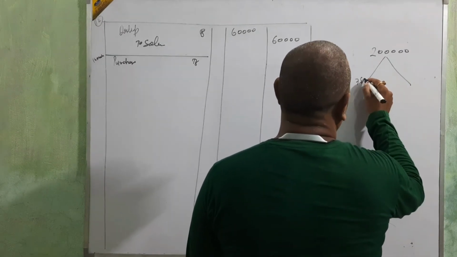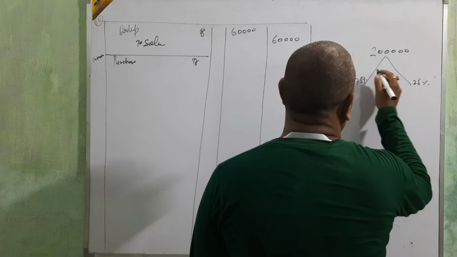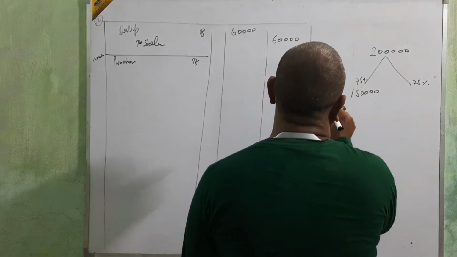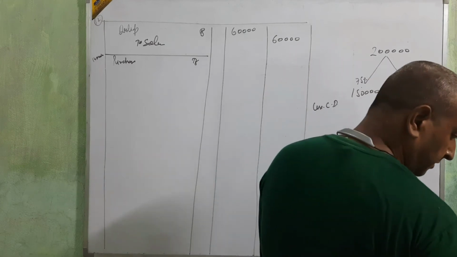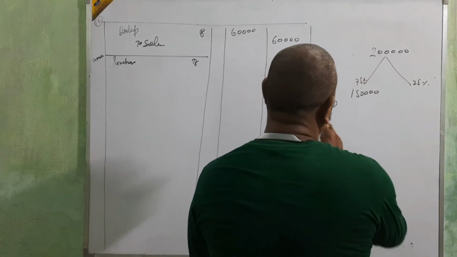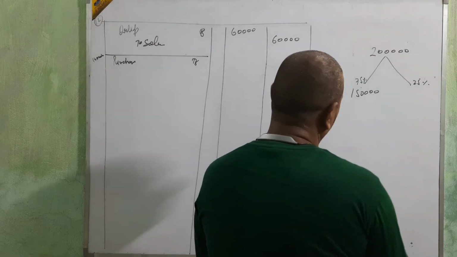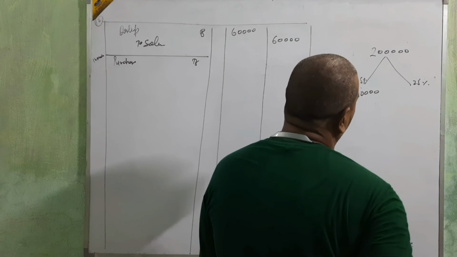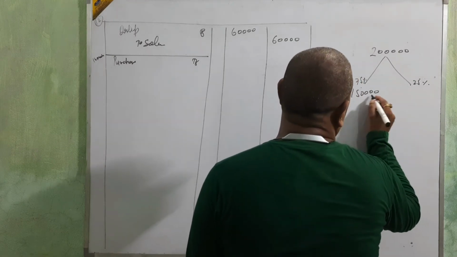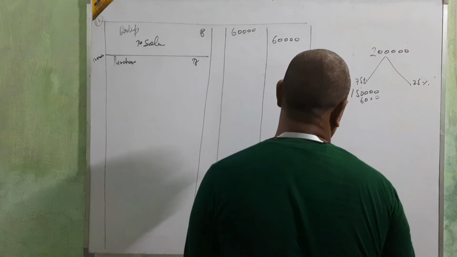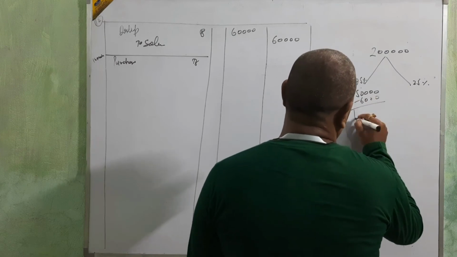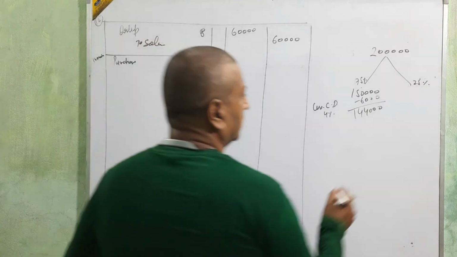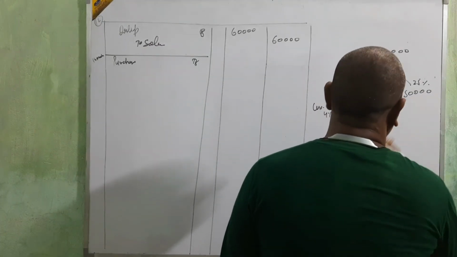Only 75% paid. 25% we are not going to pay. 75% means 1,50,000. Then less cash discount. Trade discount is not given, only one discount, and the rate of cash discount is 4%. 4% of this amount is 6,000, so the cash paid is 1,44,000 and 50,000 remains.